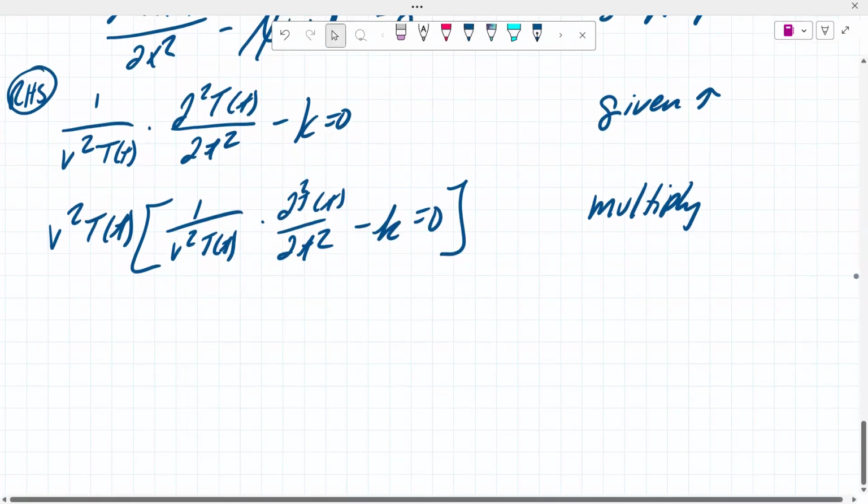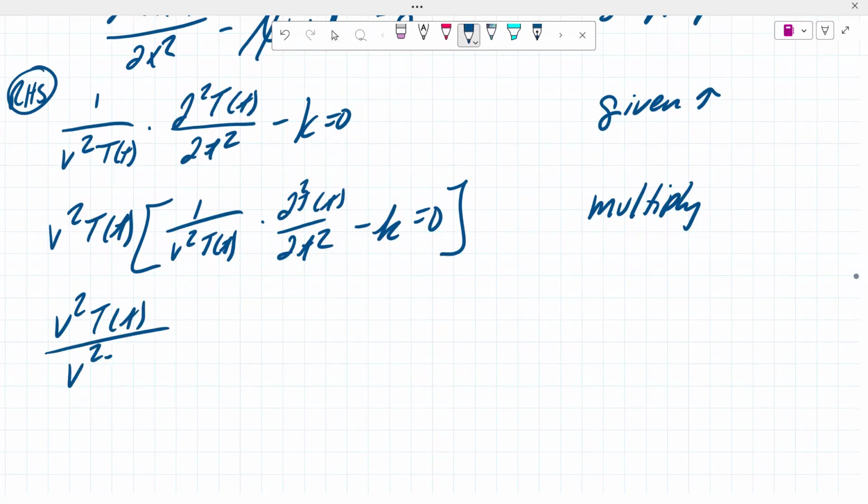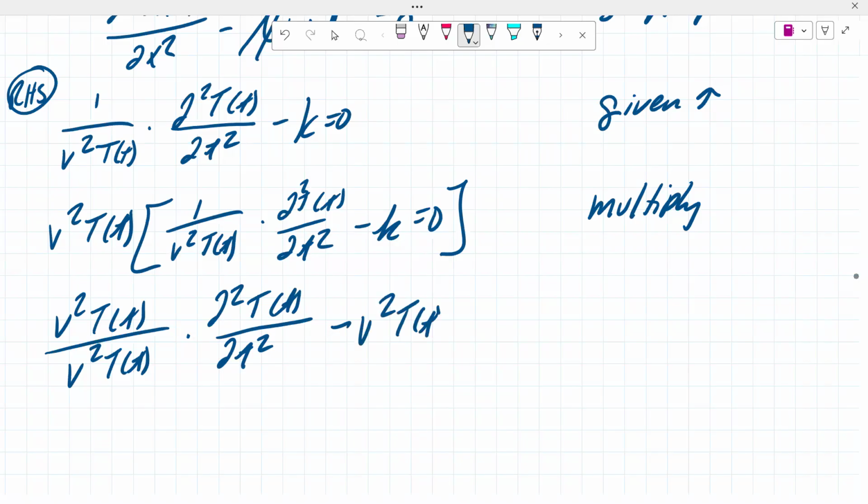So now we have v squared t of t over v squared t of t times d squared t of t over dt squared minus v squared t of t times k equals 0 times v squared t of t.